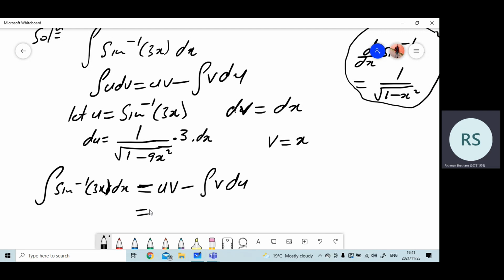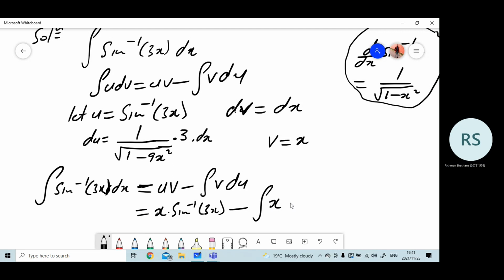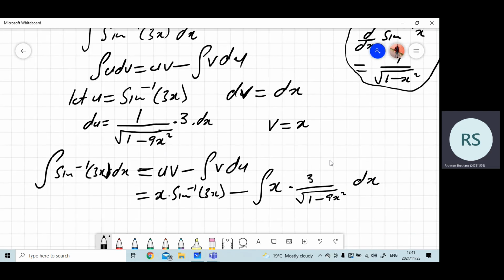This is just u times v, it's x times sine inverse of 3x, minus integral of v, which is x, multiplied by du. Du is just 3 over square root of 1 minus 9x squared dx. That's how we use our integration by parts formula.